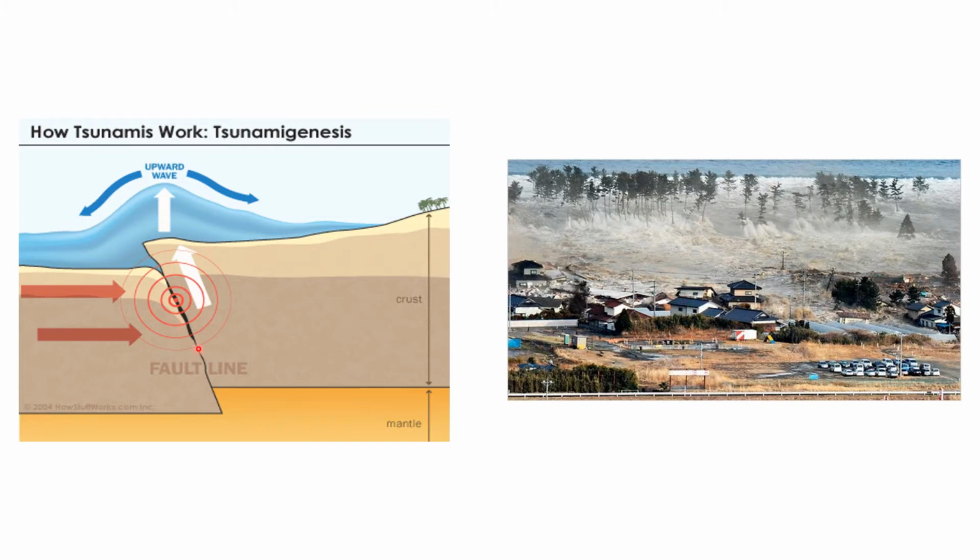So, here, this is the ground rupture site. And because of the release of energy here and the displacement of the crust, magkakaroon ng upward wave, magkakaroon ng initial upward movement. And this initial upward movement can propagate all the way to the coast. So, here in the deeper portions, hindi siya masyadong ramdam. Parang may konting waves ka lang.